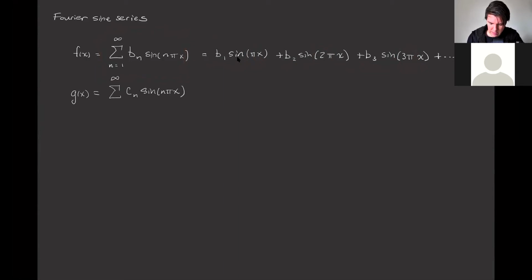The only thing that can be different between these series are these coefficients here. So these coefficients completely determine what this function is. So it's really worth noting. I'm going to erase the g function. This was just an example of having some different function. But in general, your b sub n's totally determine the function. And that's really important. So b sub n's totally determine f of x, or f in general.